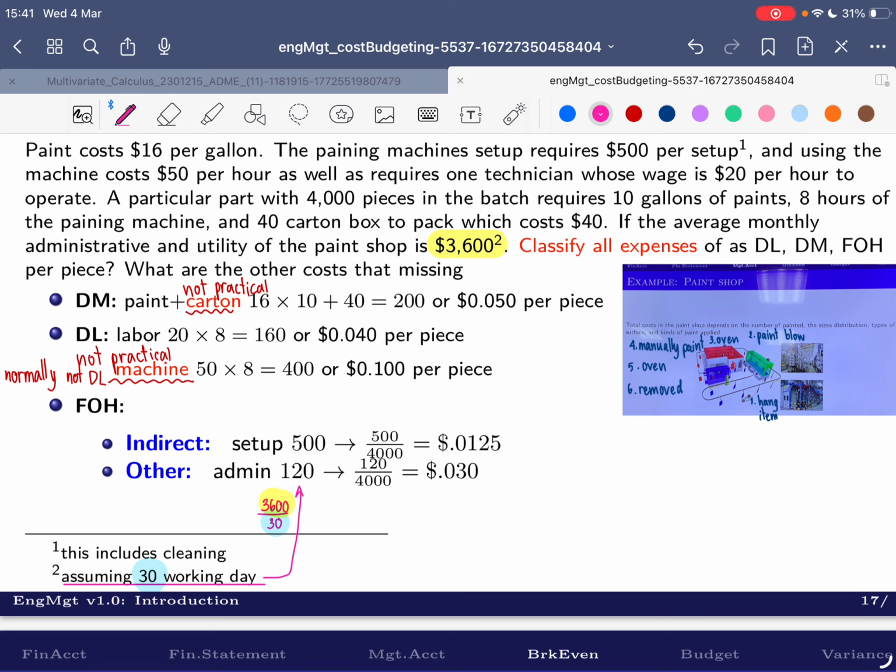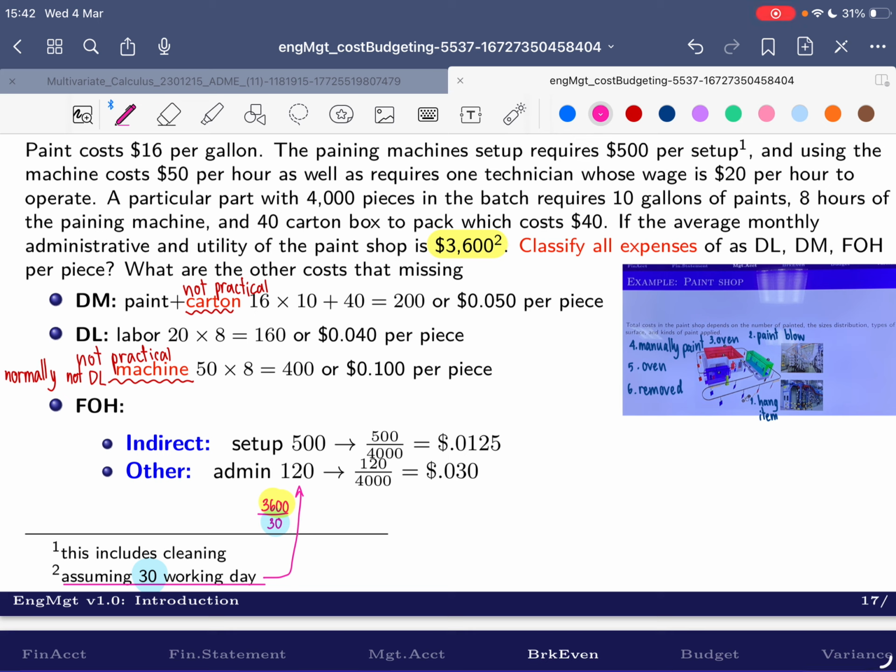Therefore, there's an incentive to trace other things in order to make sure that the proportion between DM, DL, and factory overhead makes sense. If the DM is only like 5%, you probably ignore it, right? So we have to find the possibility of other DM so that the proportion makes sense. Now, let me conclude this topic. We are now dealing with managerial accounting. There are no regulations.